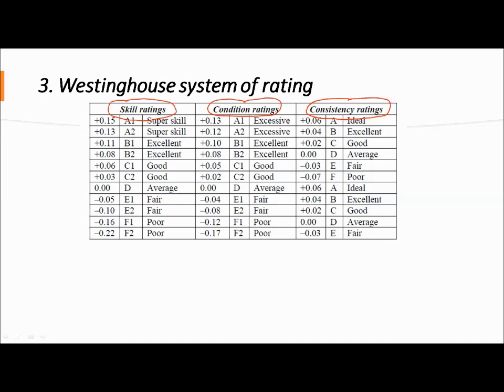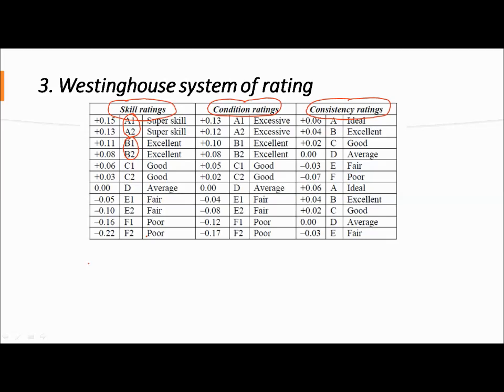As of now we just have these 3. So the skill rating, as you can see, is given as super skill, excellent, good, average, fair, and poor. And each has 2 ratings, that is super skill at a higher level and a lower level, excellent skill at a higher level and a lower level. So hope this standard table is clear.